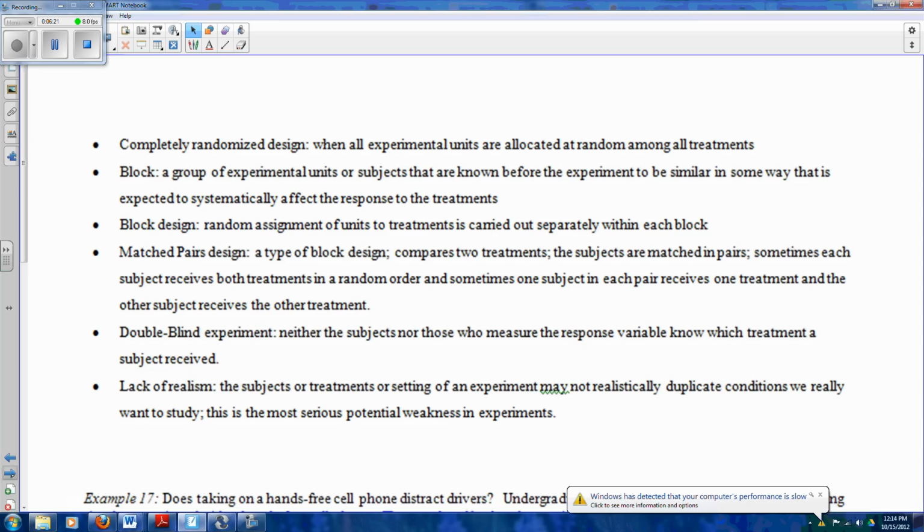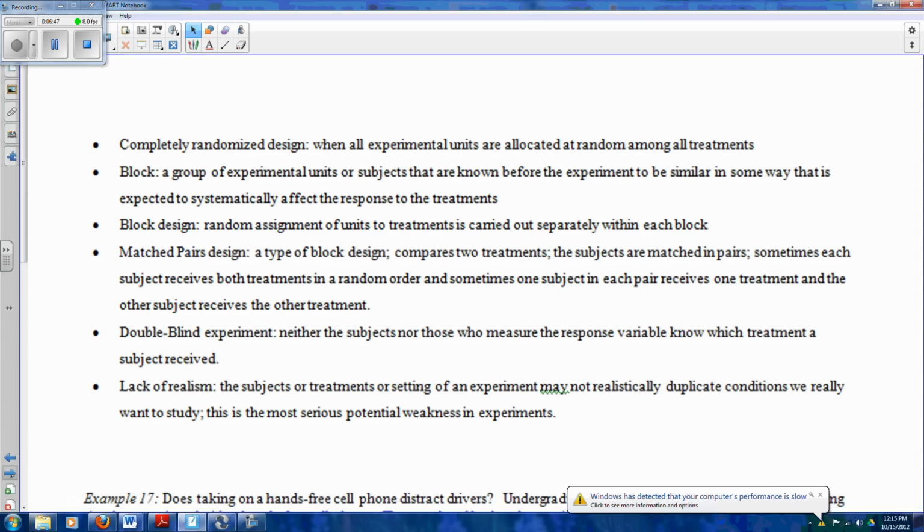Okay. A block design is a group of experimental units or subjects that are known before the experiment to be similar in some way that is expected to systematically affect the response to the treatments. So, for example, if we were doing a study and I thought gender was going to influence how people responded to some sort of question or experiment, I might separate guys versus girls.